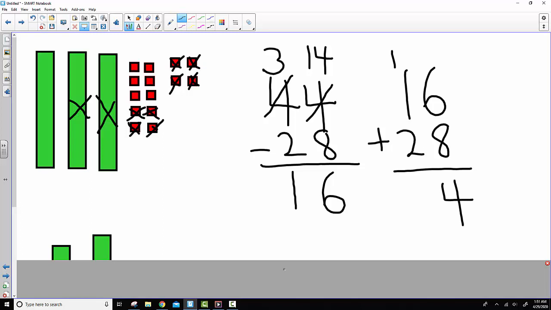We regroup the 1 ten. 1 ten plus 1 ten is 2 tens. 2 tens plus 2 tens is 4 tens. You can see that the sum is the same as the minuend we started with.